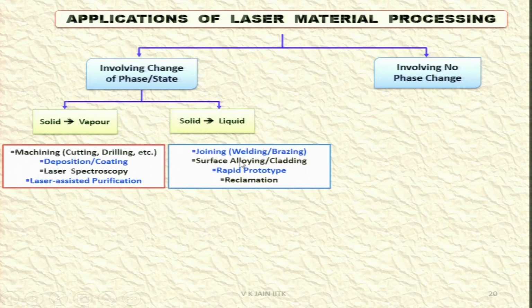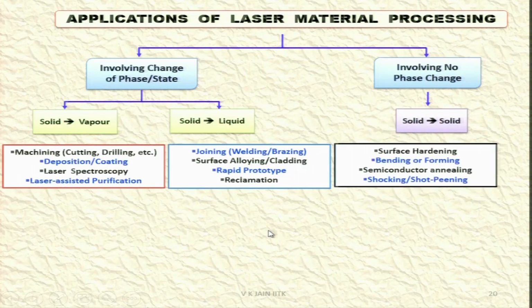When solid is converting into liquid, you can have joining like welding, brazing, surface alloying or cladding, rapid prototyping, reclamation, and then involving no phase change, solid to solid: surface hardening, bending or forming, semiconductor annealing, shock peening, because they are solid to solid, so there is no change in the state of the solid over there.